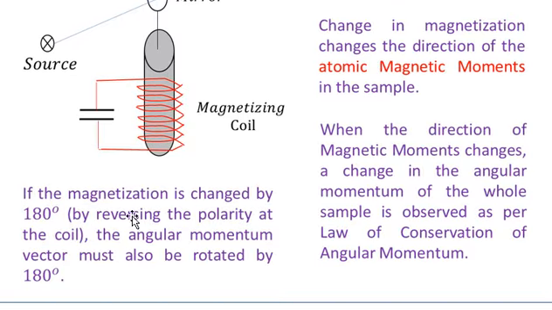So let me read this paragraph under the figure: if the magnetization is changed by 180 degrees by reversing the polarity of the coil, the angular momentum vector must also be rotated by 180 degrees.